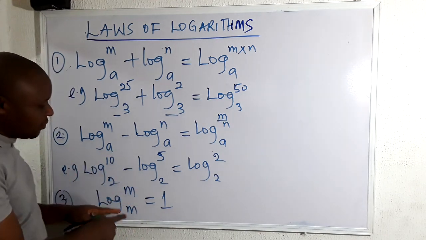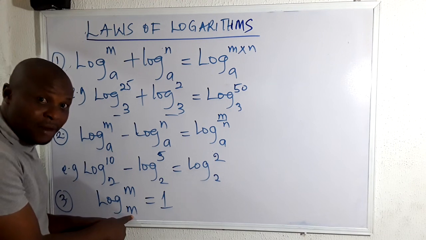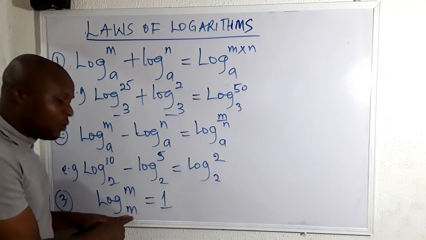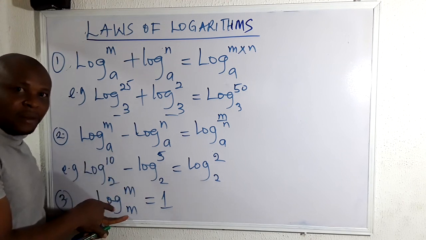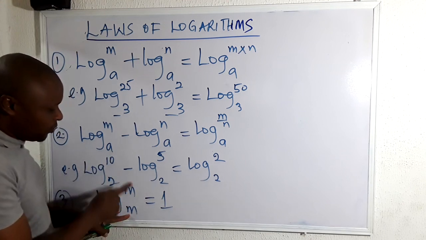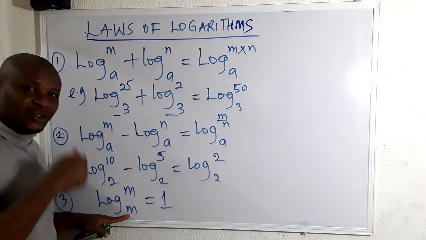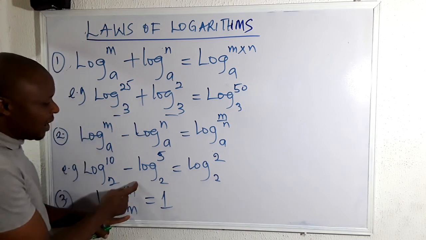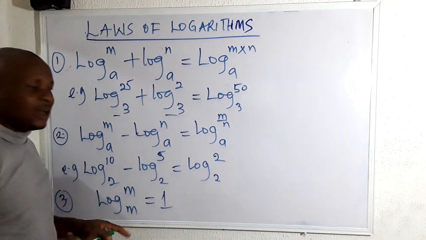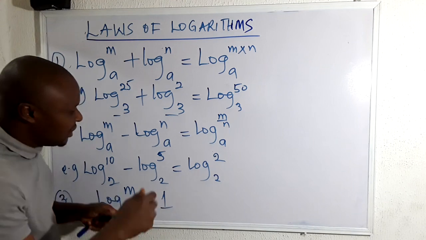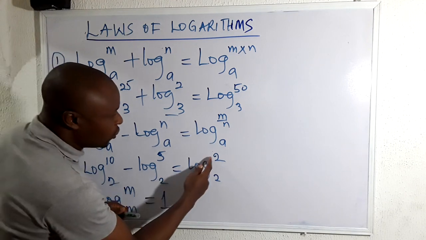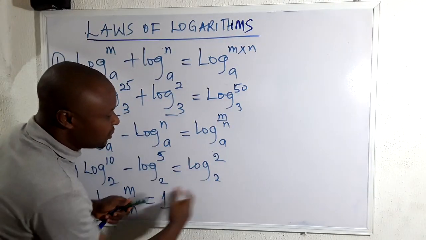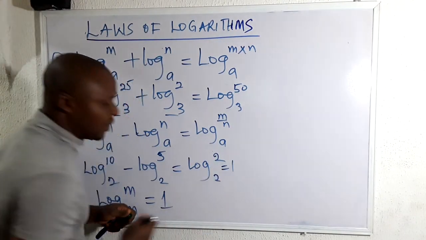Now, the base of this logarithm is m. Now, to what power must m be raised to get back m? So, in this case, the only power that m can take to get back m is 1. Alright? So, we can see that if this law is applied to this example we solved, log 2 to base 2 will give us 1.